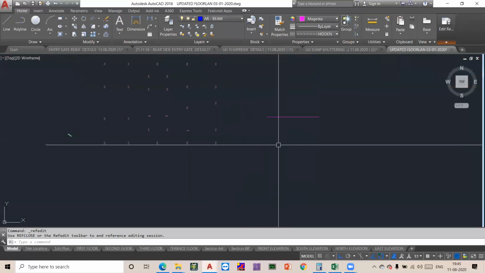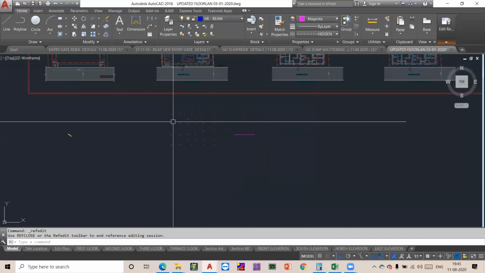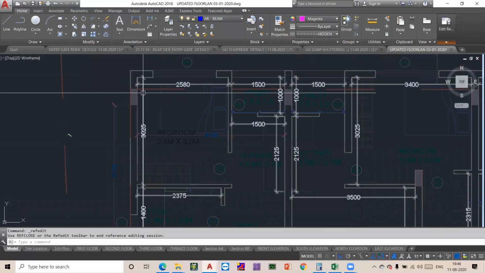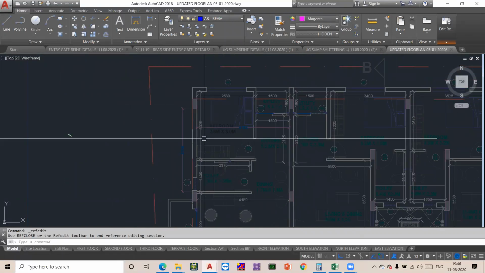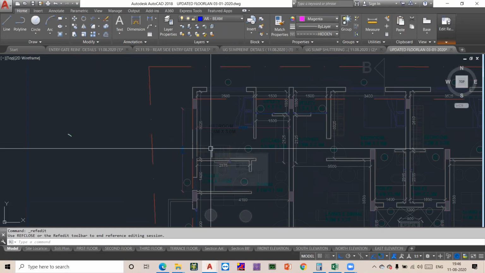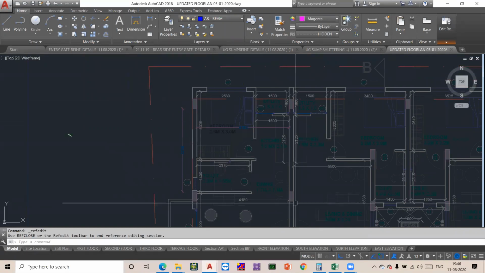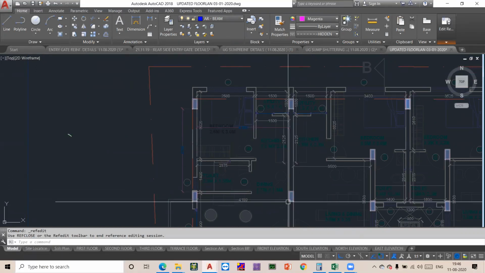What I will be doing is I will be now drawing the beams, framing the beams through these columns. And again, my beams have to be framed in such a way that they should be concealed within these walls, or at least in line with these walls.